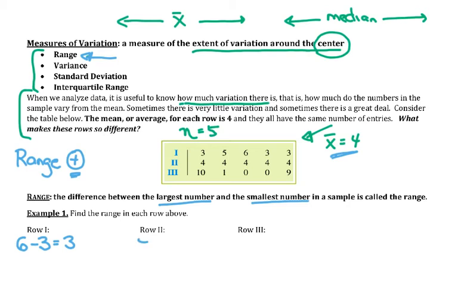Row 2, every value equals 4. So the range is 0. There's no variation. Everything is the same. And in row 3, you see the range is quite large, 10. So this tells us something. But the range is important, but it's not the most important measure of variation, but you usually do want to know it.